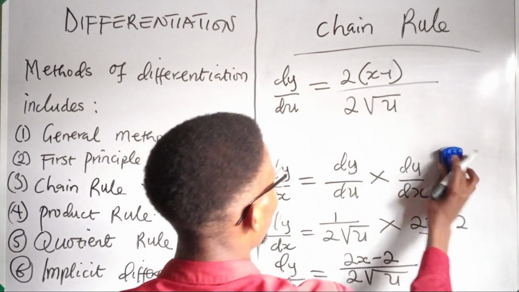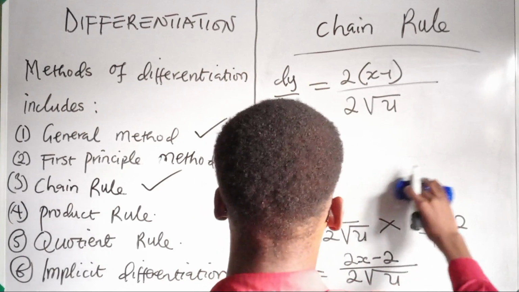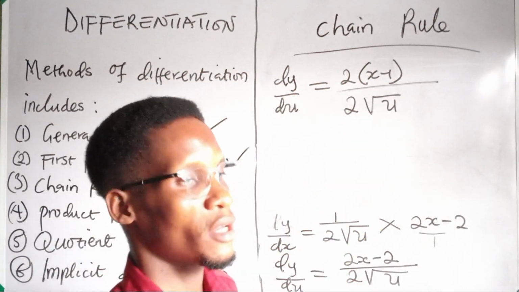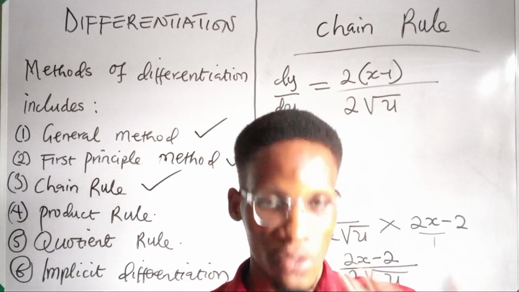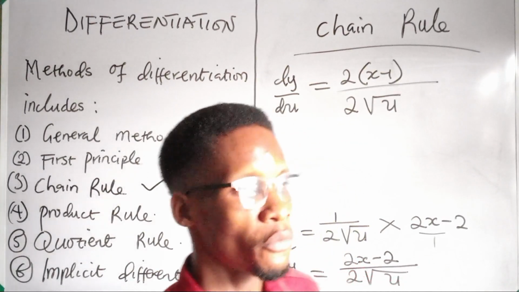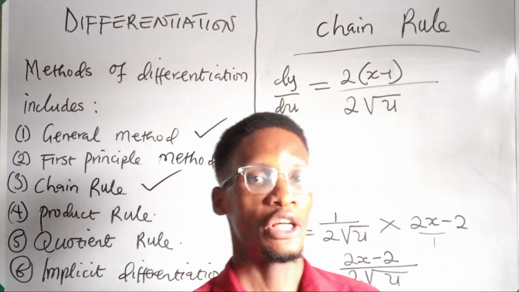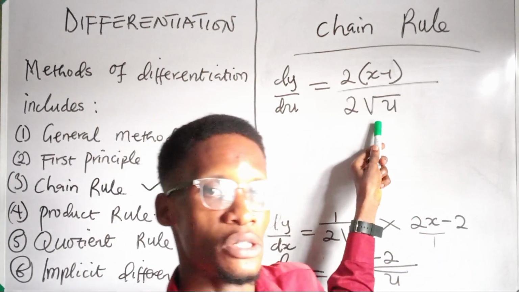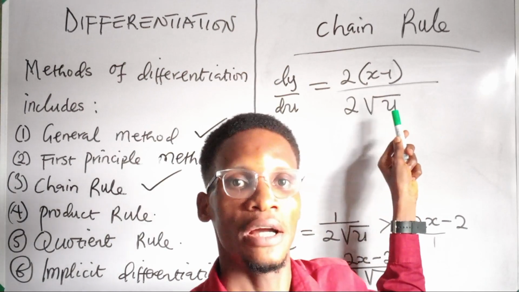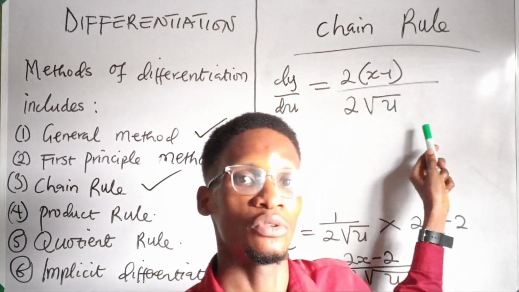If you reach this point, there's no need to stop and say that this is the last answer. You need to solve further, because when the initial question was given to you, it didn't have u. It's in the process of solving for dy over dx that you had to introduce u.